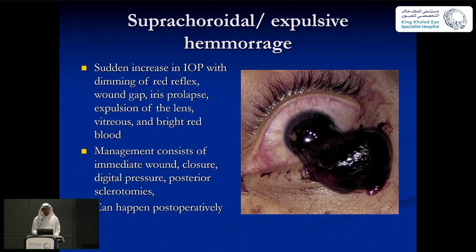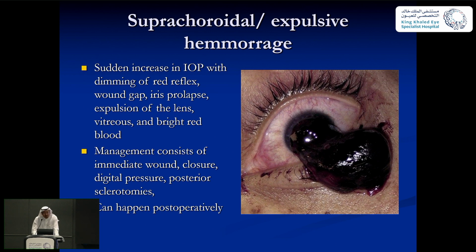Suprachoroidal hemorrhage is the disaster of cataract surgery, and there will be a sudden increase in the intraocular pressure with dimming of the red reflex, and everything inside the eye wants to go outside of the eye. So if you are doing an ECCE, for example, this will be a nightmare for you to try to suture.